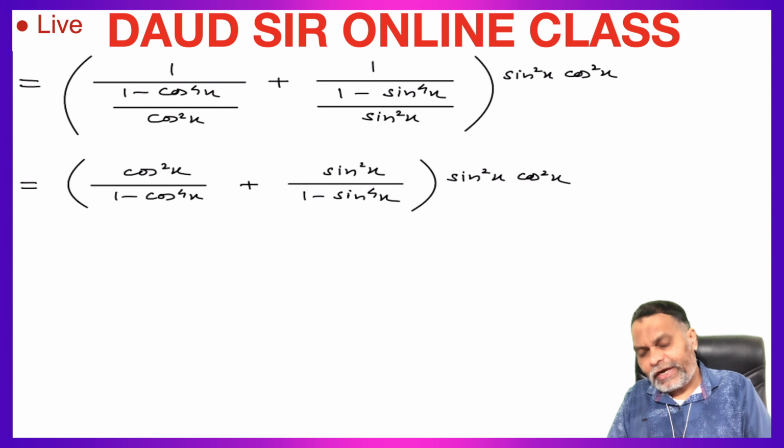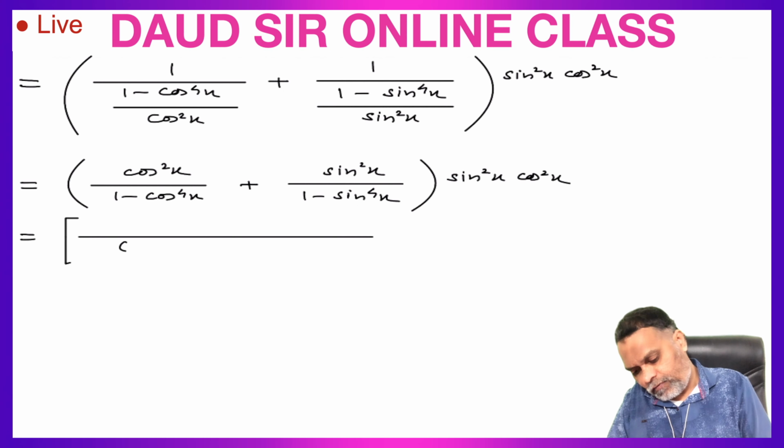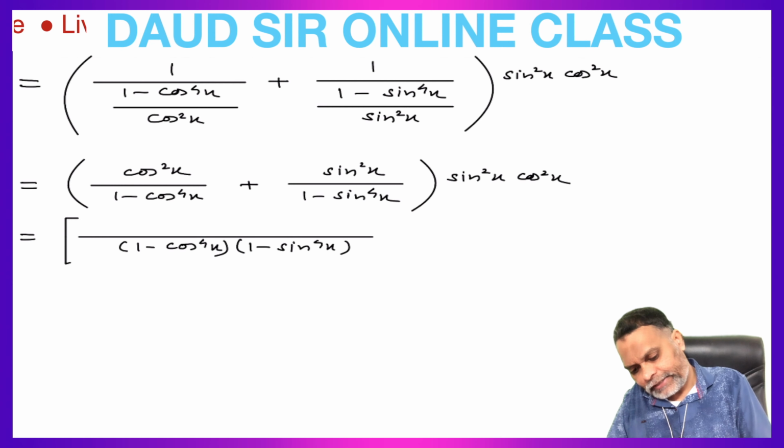Now we can take the LCM: 1 minus cos raised to the power 4x into 1 minus sin raised to the power 4x. This is the LCM.